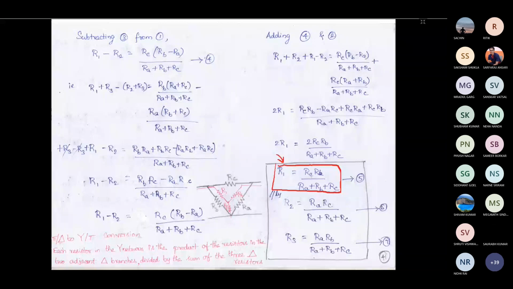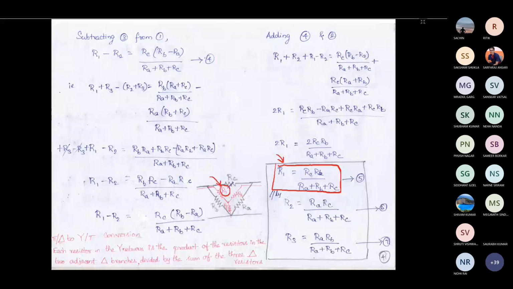So this is the circuit. In this circuit you can see RA, RB, RC are given here, then R1 is here, R3 is here, and R2 is here. Now I wanted to find R1. This is the formula we have derived. If you want to find R1, you see what are the nearest resistances to R1.